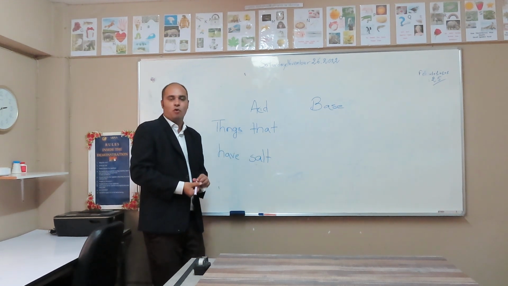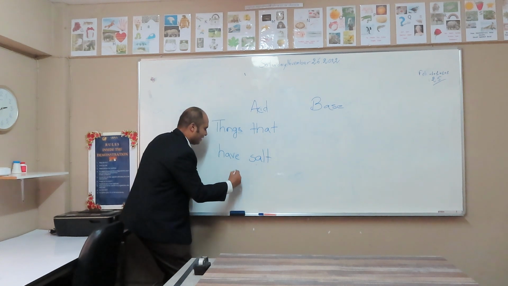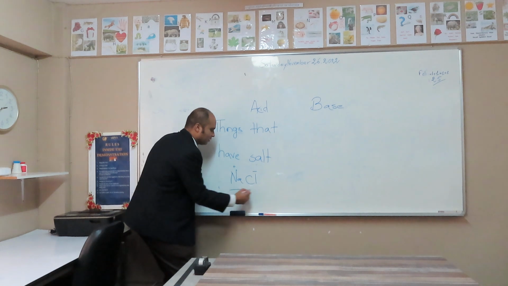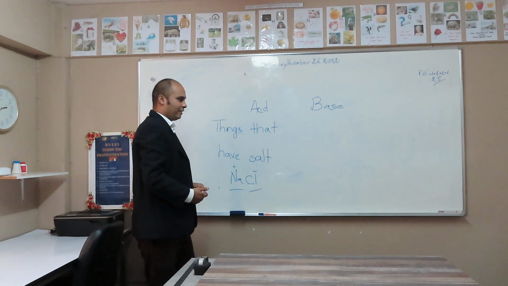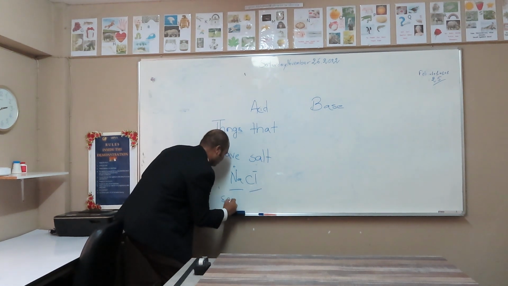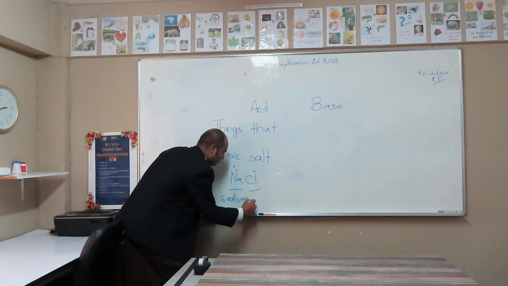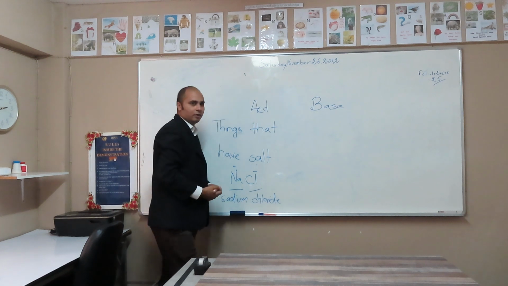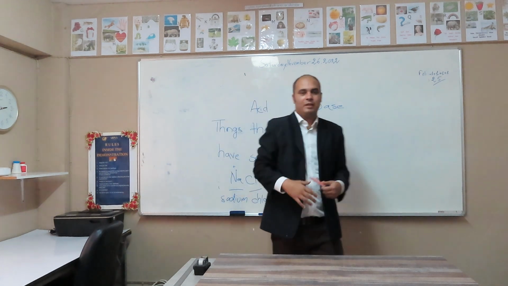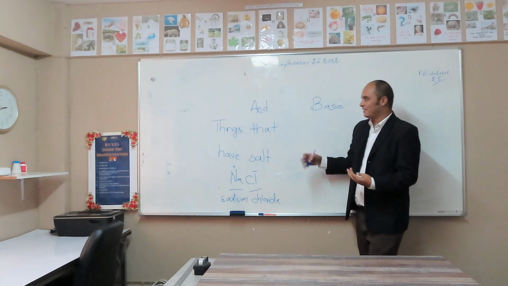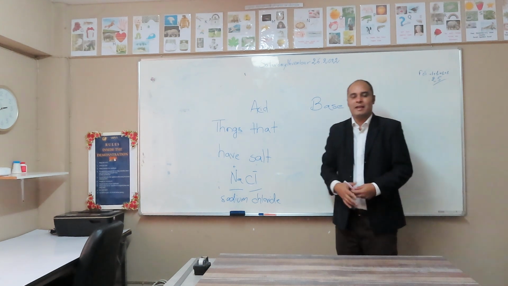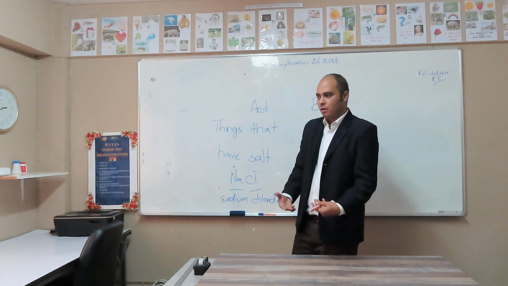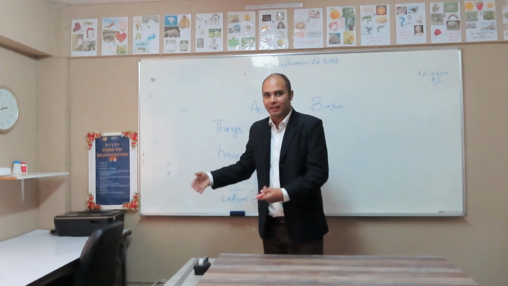So what is a salt? The formula of the salt is NaCl, sodium chloride. By now, you understand that anything that has salt can be identified as an acid.